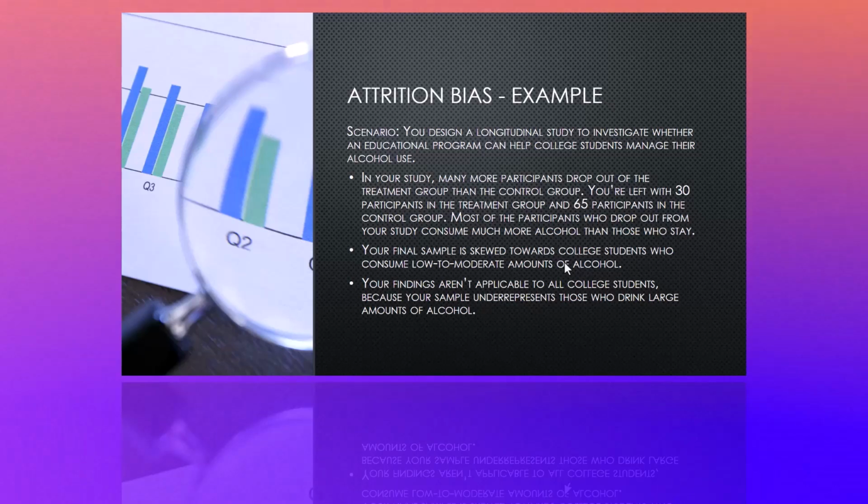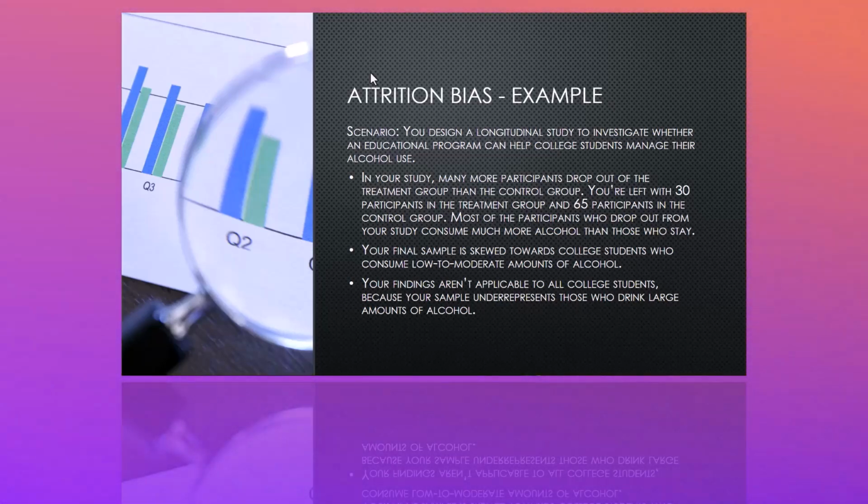Actually, this was the first scenario that I had given you about the longitudinal study to investigate whether an educational program can help college students manage their alcohol use. And here we had a lot of dropouts in the treatment group, where there's only 30 left in the treatment group and 65 from the control group. Those who left the treatment group consumed much more alcohol than those who stayed.